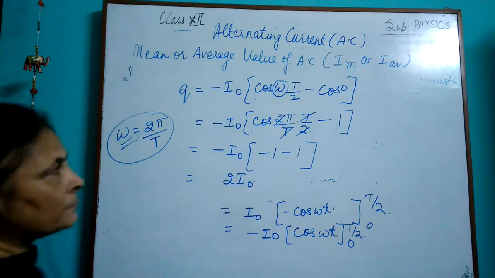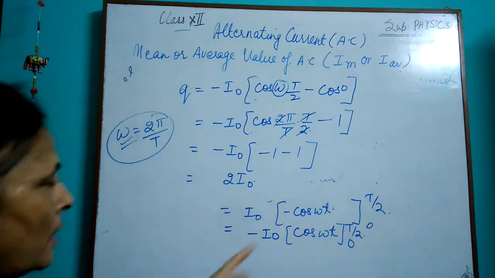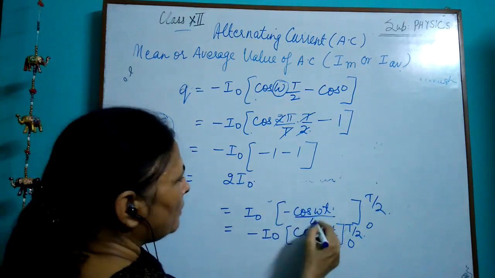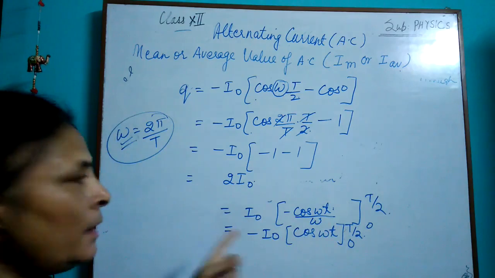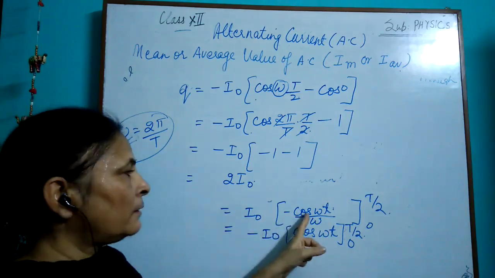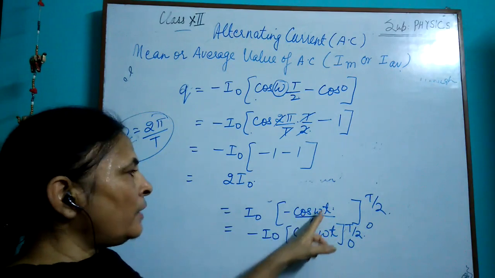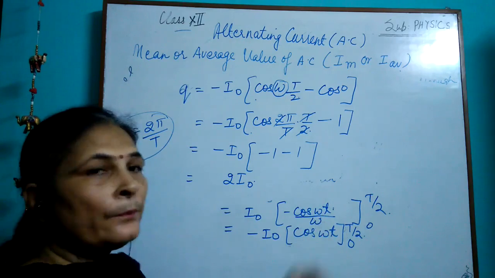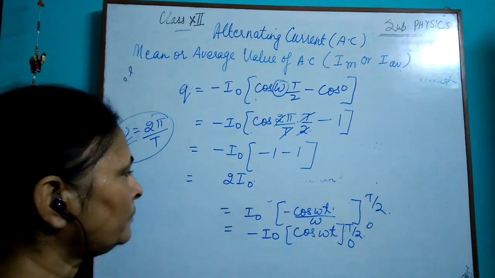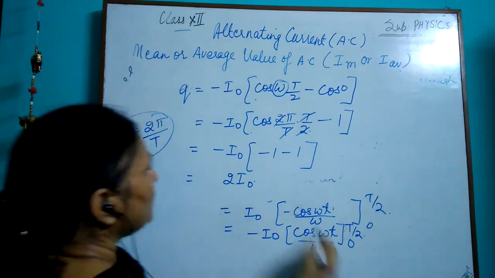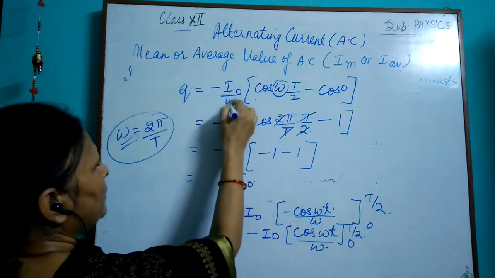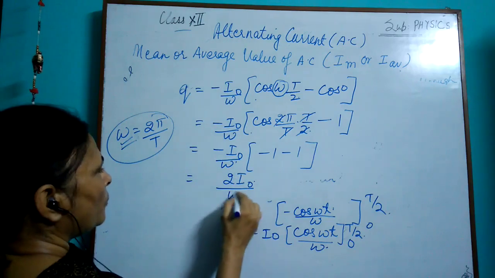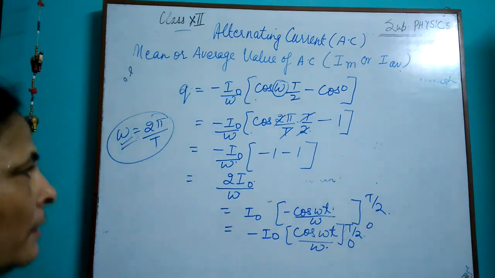One more thing which I have not written here is minus cos omega T upon omega. When we integrate sin omega T, we get cos omega T, and after integrating, whatever we obtain, omega will also be in the denominator. So 2 I naught upon omega.